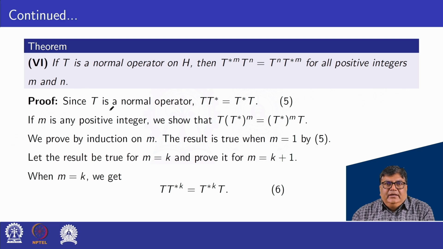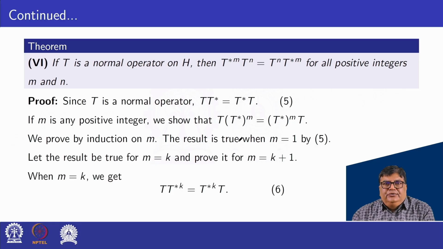Proof. Since T is a normal operator, given that TT* is equal to T*T. If m is any positive integer, we show that T into the m-th power of T* equals the m-th power of T* into T. We prove by induction on m.